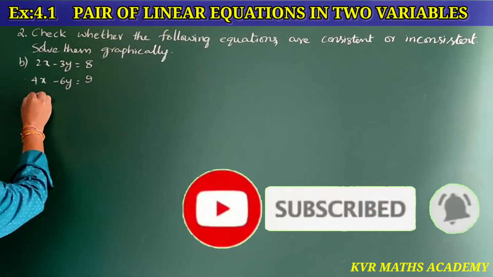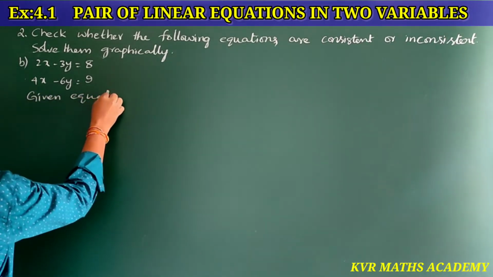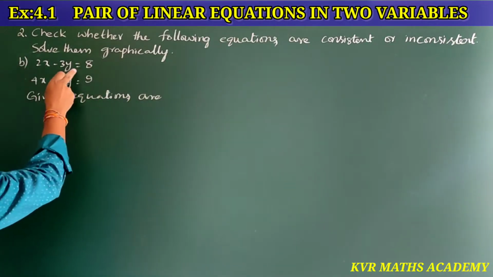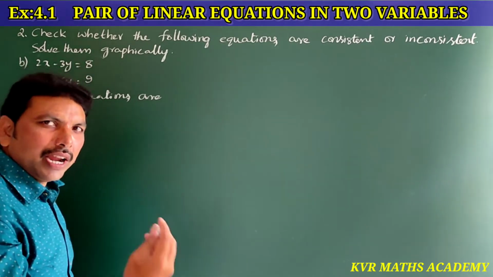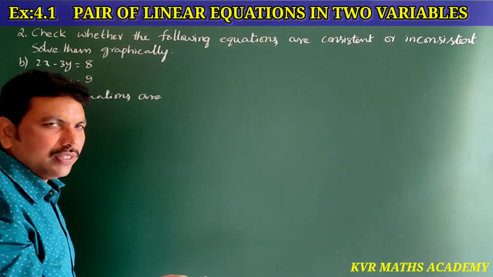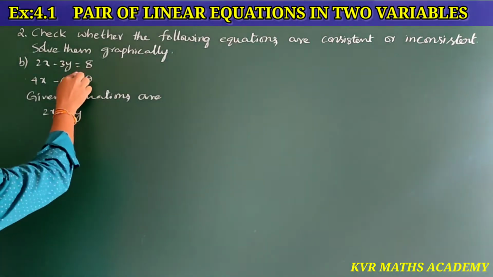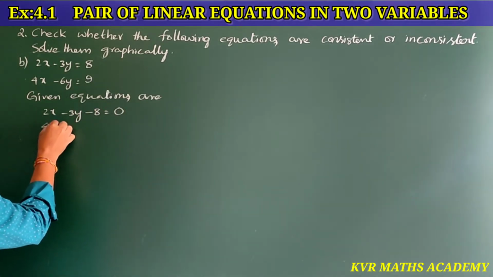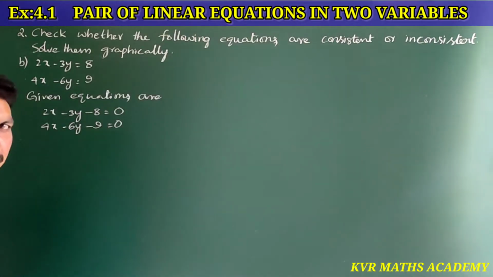So the given equations, write them in the form a1x plus b1y plus c1 is equal to 0, a2x plus b2y plus c2 is equal to 0. That is 2x minus 3y, transferring 8 to this side, minus 8 is equal to 0. Next, 4x minus 6y minus 9 is equal to 0.